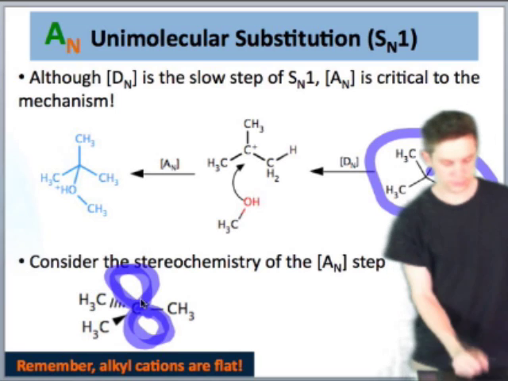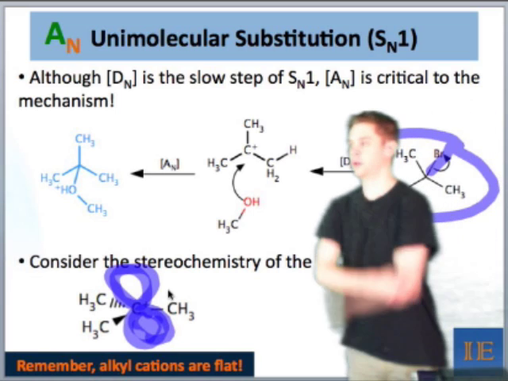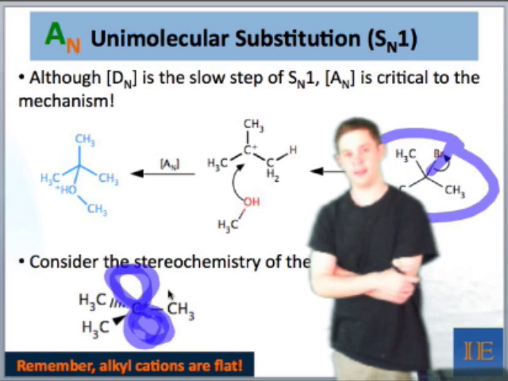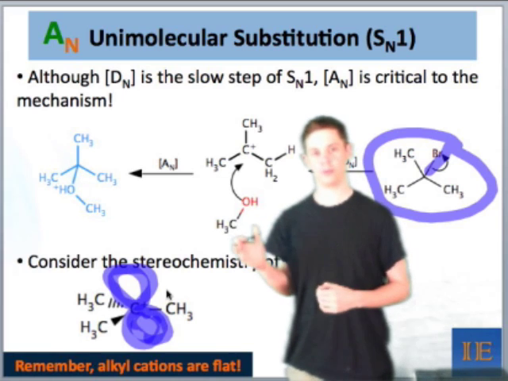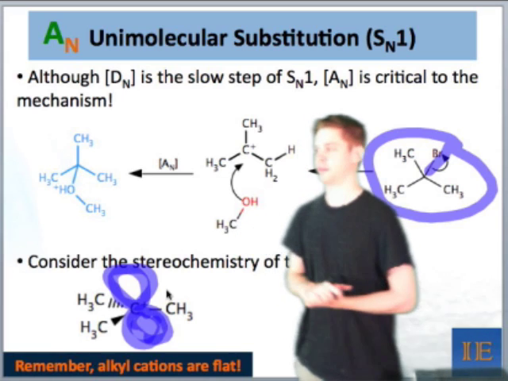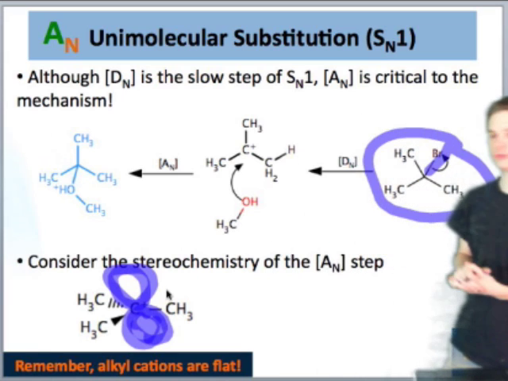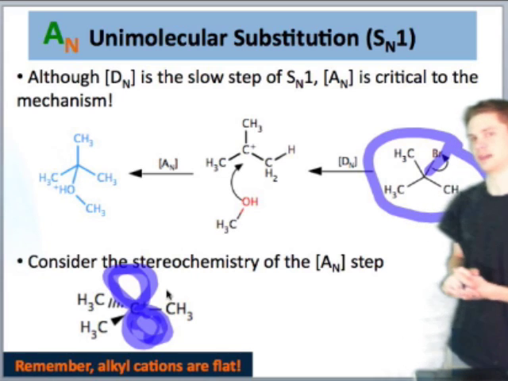But that p orbital can accept electrons either above or below the plane of the cation, and this is going to become very important on the next slide as we think about the stereochemistry of the SN1 reaction. So before moving on, I would invite you to take a minute and think about whether you would expect this process, the SN1 substitution, to exhibit some kind of stereospecificity like we saw for the SN2 reaction.